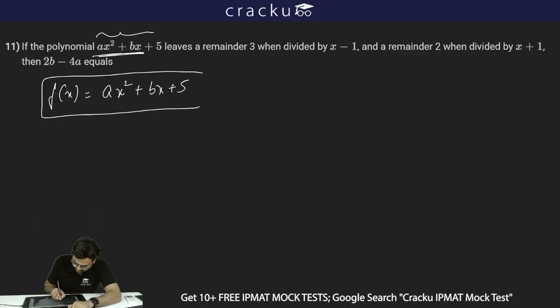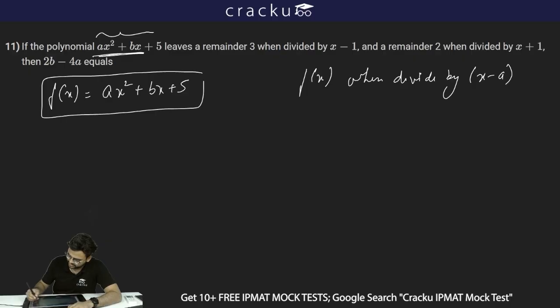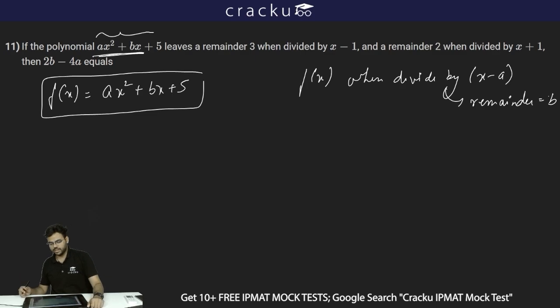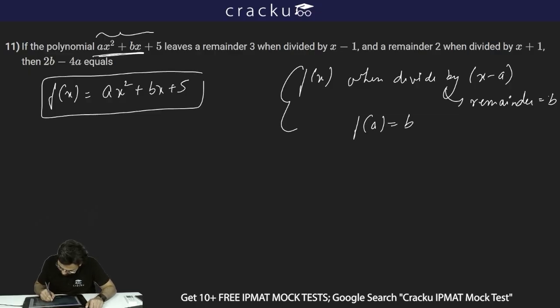This is my f(x). Now as per the remainder theorem, if f(x) when divided by x minus a leaves remainder b, I can say f(a) is equal to b.